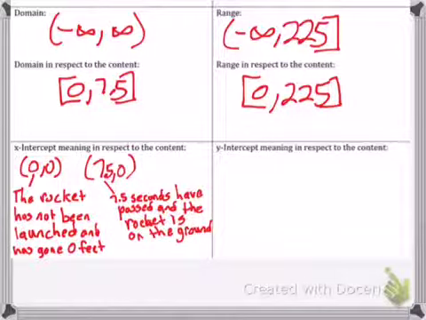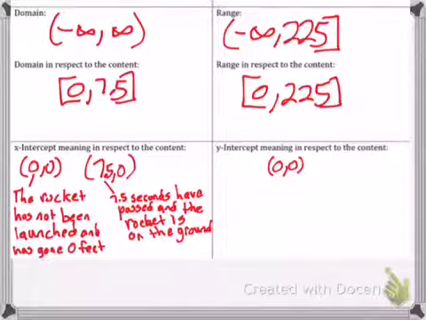What does a y-intercept mean? 0, 0 is our y-intercept. It means the same thing that our first x-intercept means, that the rocket has not been shot, so therefore it's still on the ground.